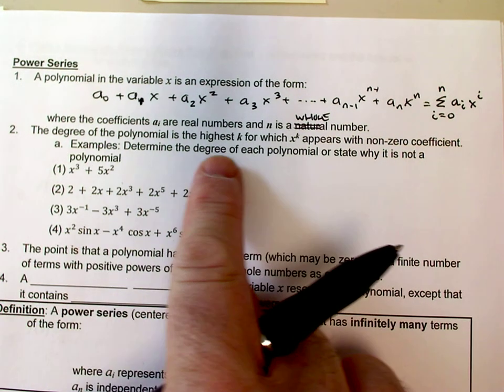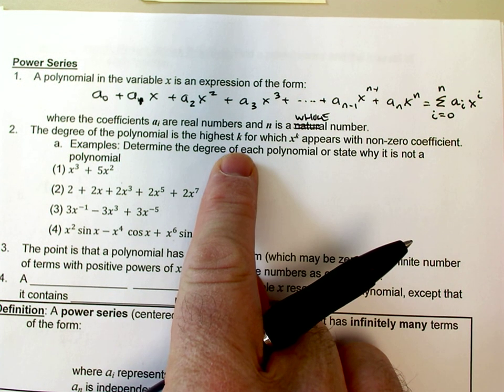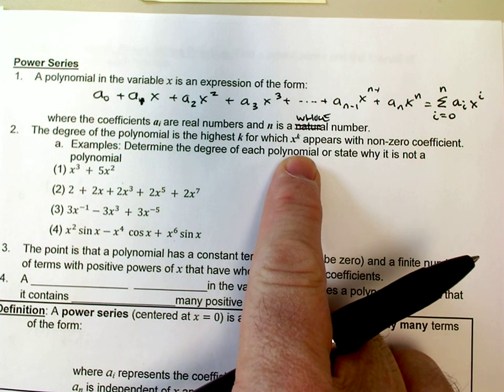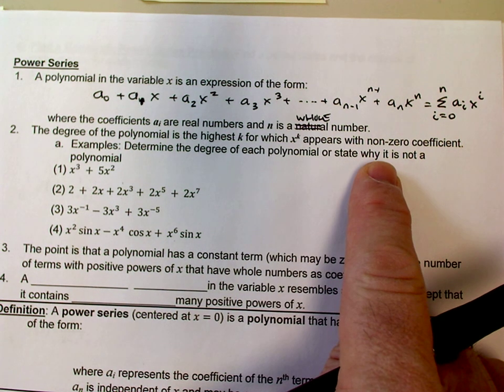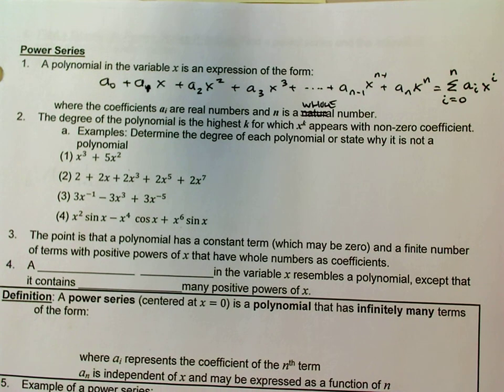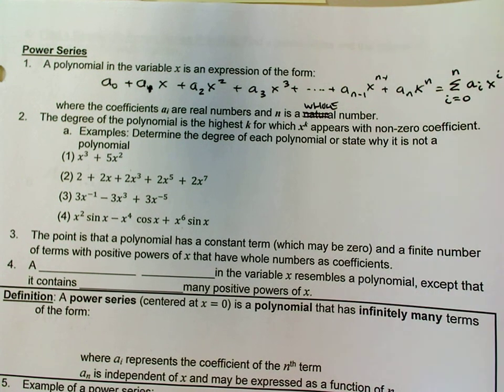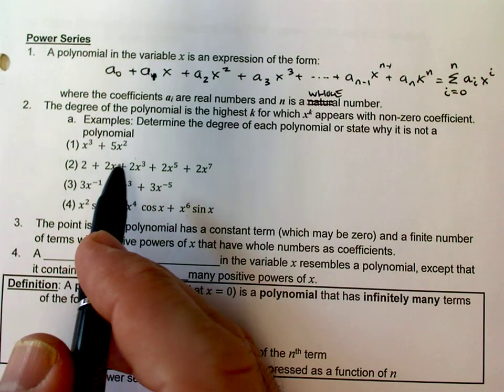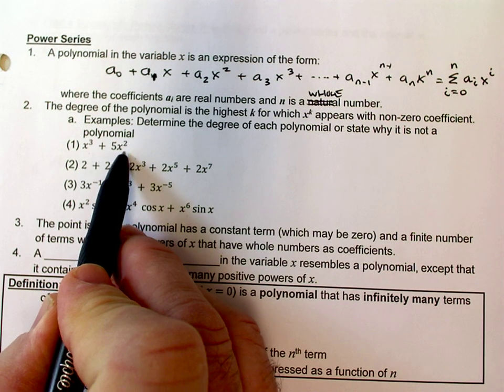The degree of the polynomial is the highest k value for which x to the k appears with non-zero coefficients. So in these examples below, let's determine the degree of each one of these polynomials and state why it's not a polynomial. You can see from this one, we have a degree of 3, a degree of 2.